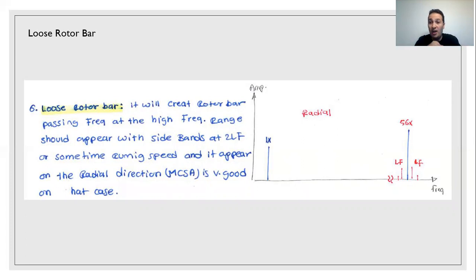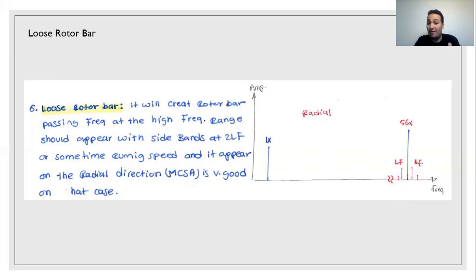Don't get confused if you have a variable frequency drive motor. For example, the line frequency is normally 50 hertz or 60 hertz, so you can see that the rotor bar passing frequency has sidebands, not at 100 hertz. It might have sidebands at 90 hertz or 89. Look for the frequency coming to the motor, the electrical frequency.